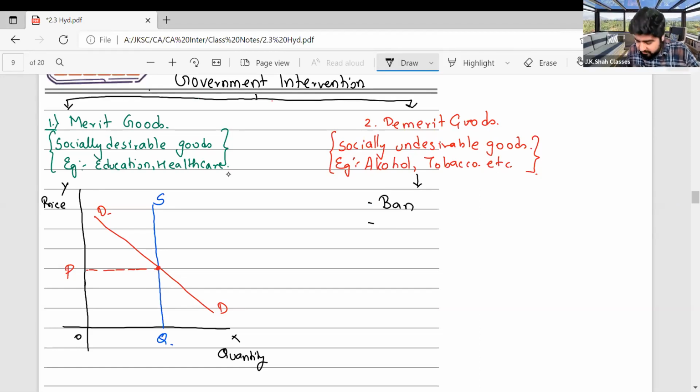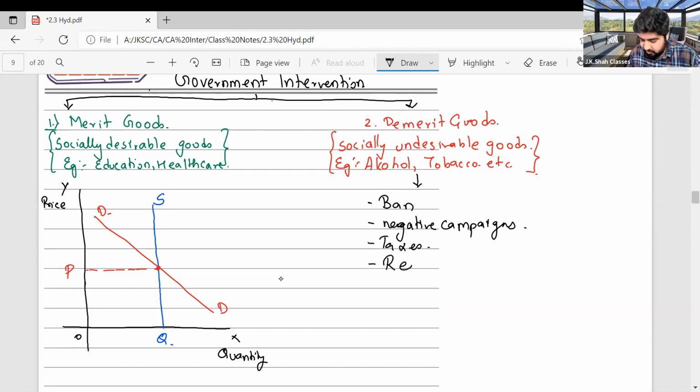No. So what else can government do? The second one which government can do is negative advertisement campaigns. Mukesh, do you know Mukesh? Mukesh comes before every movie, says the story, right? So it is negative advertisement campaigns. Next one, taxes can be imposed.